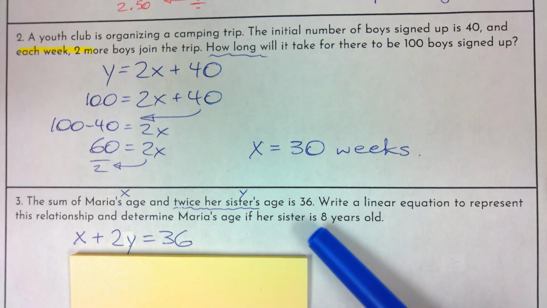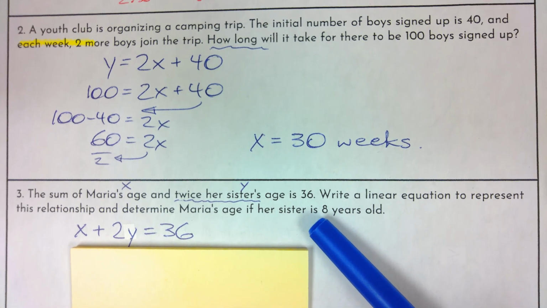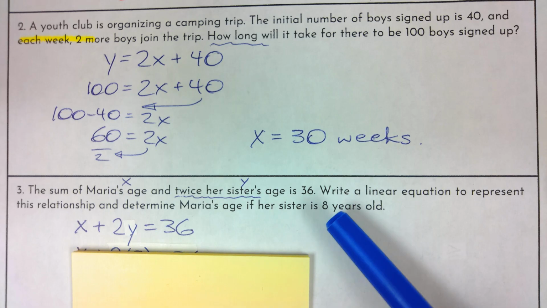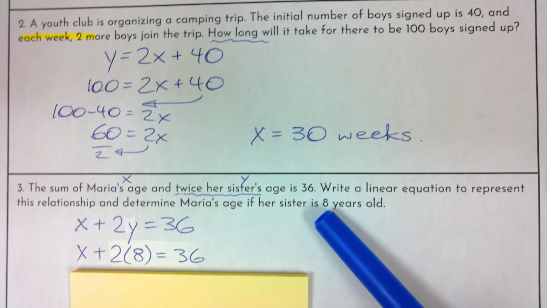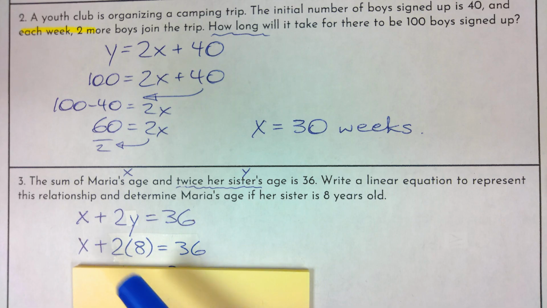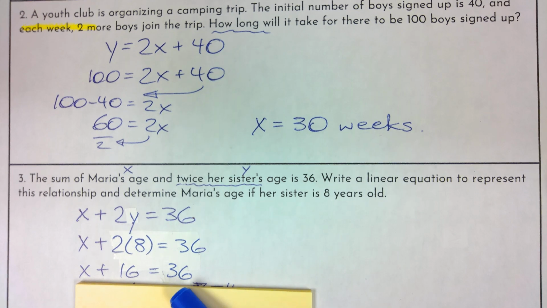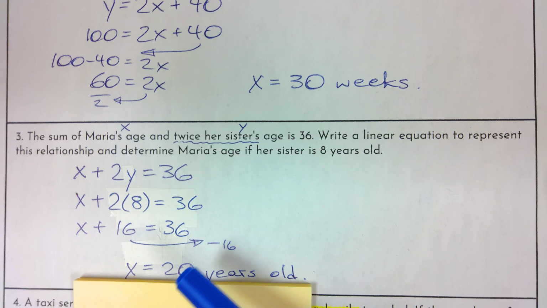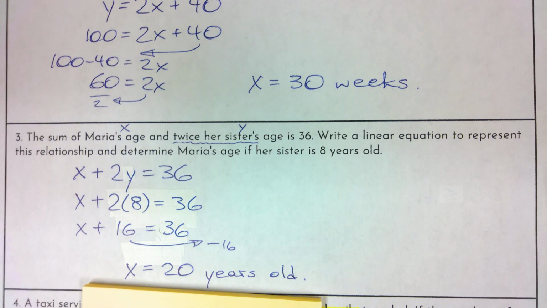Now, if you know that her sister is 8 years old, then how old is Maria? So we're going to replace the y, which is her sister's age, with the 8. 2 times 8 is 16. So when you move that over, you get 20.